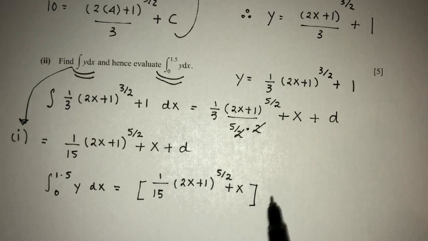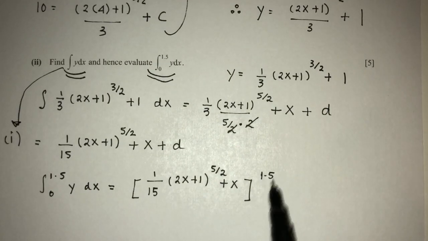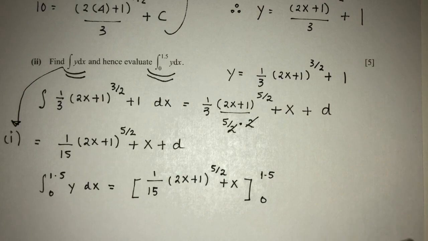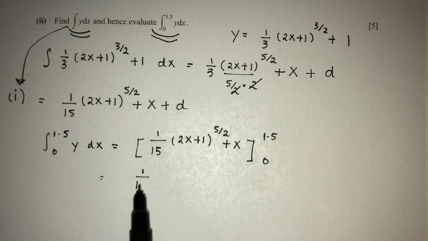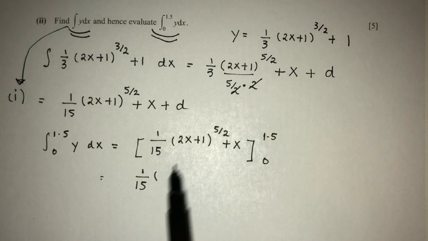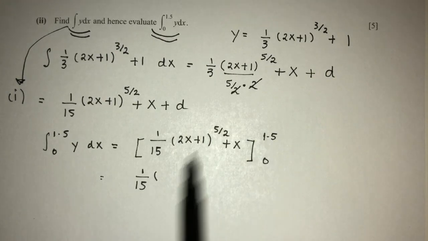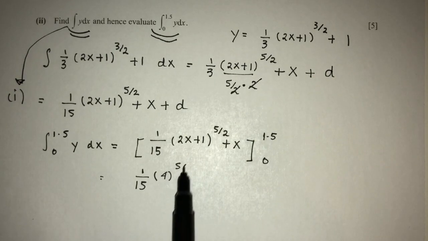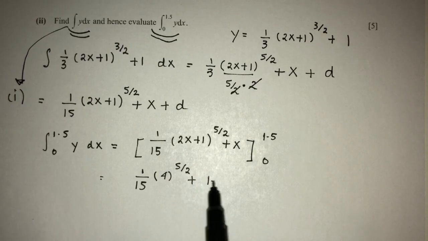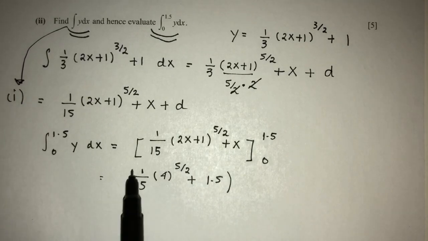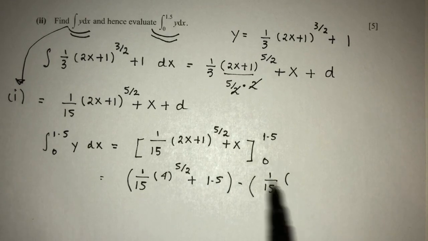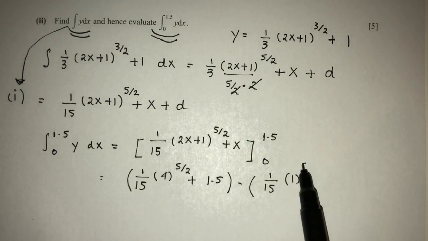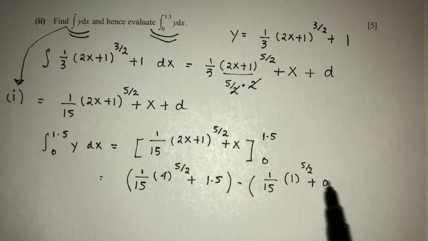Here we don't need d because we have the limits of integration. Now replace x by 1.5, that will give you 1 over 15, 2 times 1.5 is 3, plus 1 is 4, 4 to the power 5 over 2, plus 1.5, and then minus, that will be 1 over 15, at 0, 1 to the power 5 over 2, plus 0.